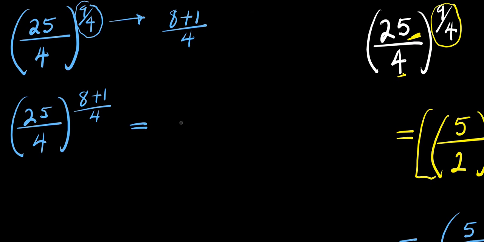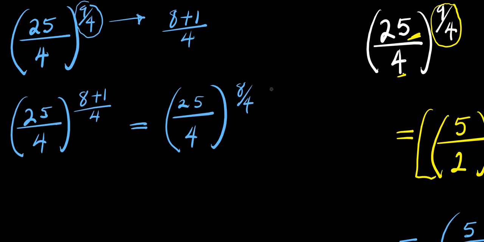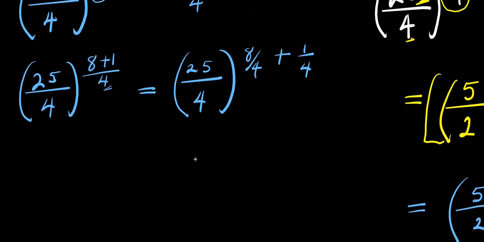And this will give me 25 divided by 4 raised to the power of, I can have it as 8 divided by 4 plus 1 divided by 4. I'm dividing using the common denominator.